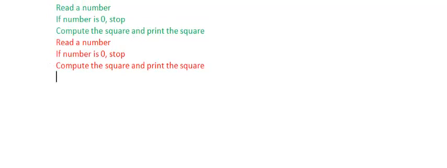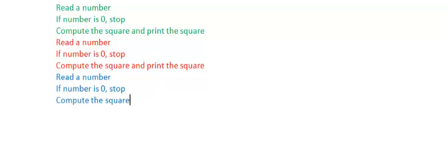Continuing this process, we read a third number. If number is 0, we stop. Otherwise, if it is not 0, let's say the number is 3, for example, we compute the square and print the square.